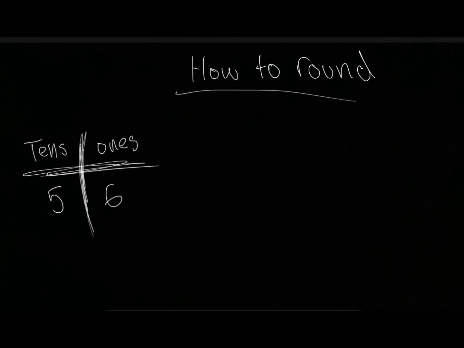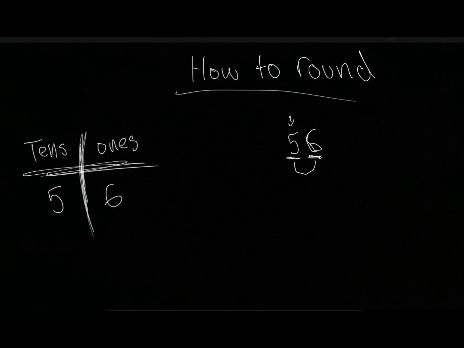Now, this is also a crucial part in rounding: you don't only look at the tens place, you also have to look at the ones place. We know that 5 is tens, so we go to 5 and then jump to 6. We're going to look at 6. This is the most crucial part of rounding.